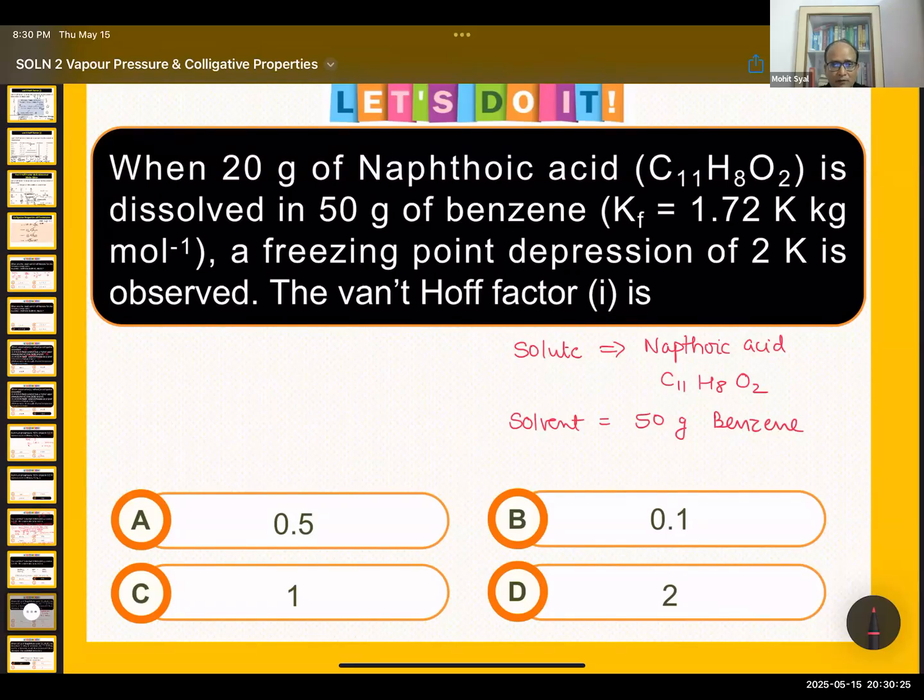Just keep on writing whatever you read separately, so you don't have to get back to the question again and again. Got it? So this is the solute and the solvent.